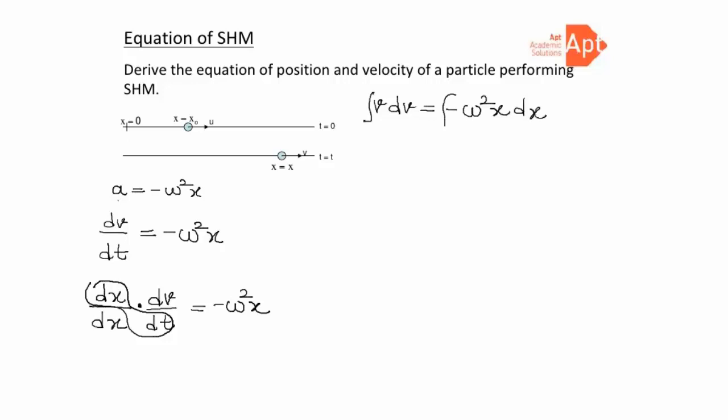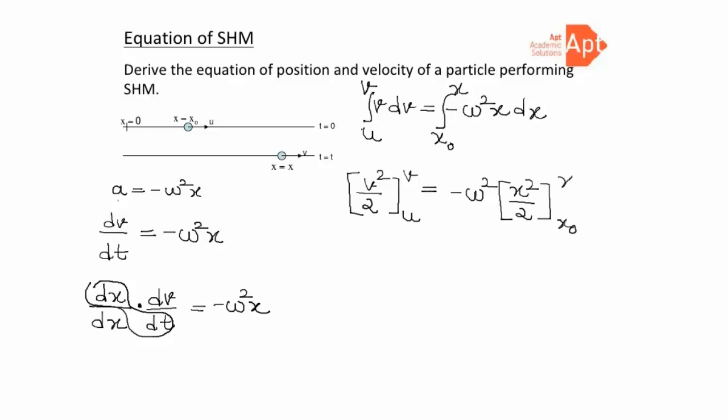Now integrating the variables: at x is equal to x naught, the velocity of the particle was u, and at x is equal to x, the velocity of the particle is v. On applying the integration formula within proper limits, we get v square by 2 from u to v is equal to minus omega square x square by 2 from x naught to x.